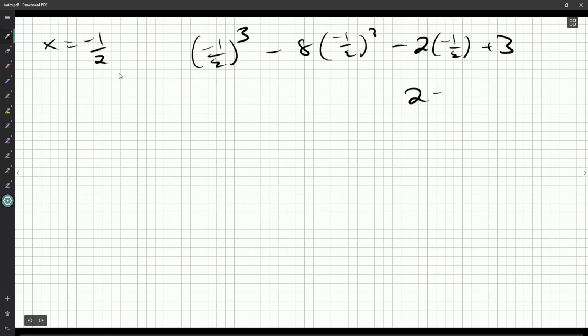So that'll be 1 plus 3 at the end there. So 1 plus 3, negative 1/8 minus 4. So that'll be equal to negative 1/8. Well, that's kind of nifty.